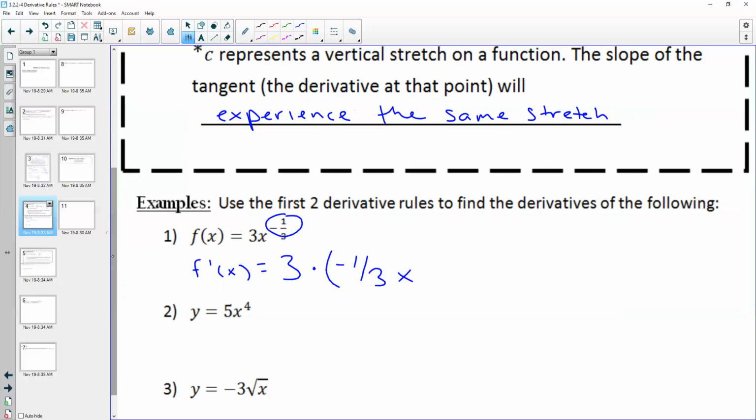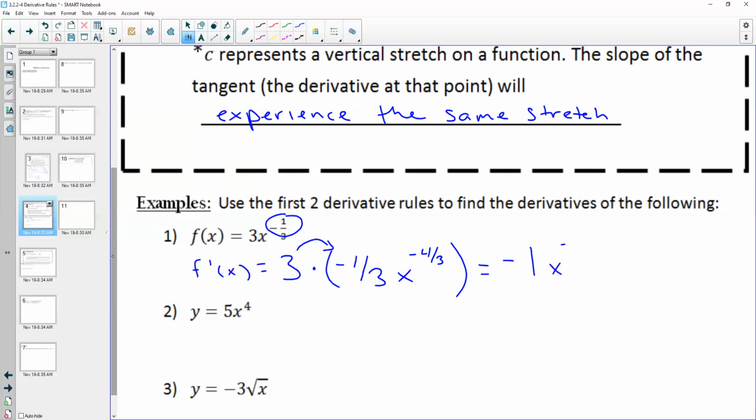And then if we subtract 1 from negative 1/3, we will get negative 4/3. Okay, so at this point here, now that we have taken the derivative of x, now we can simplify this. So we can distribute this inside. So 3 times negative 1/3 will equal negative 1.